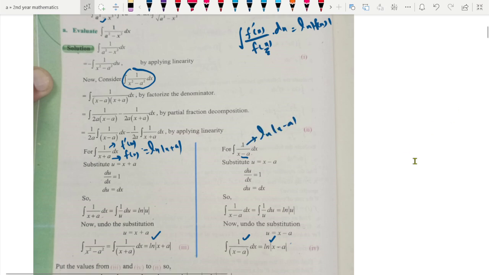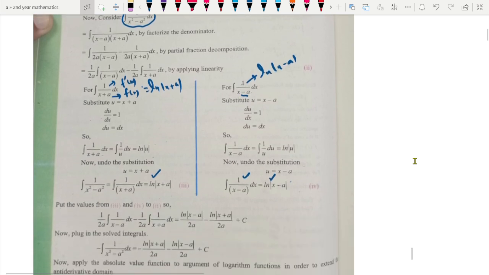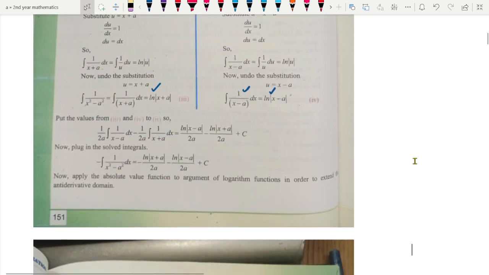Now putting in all the values, taking 2a as a common factor.